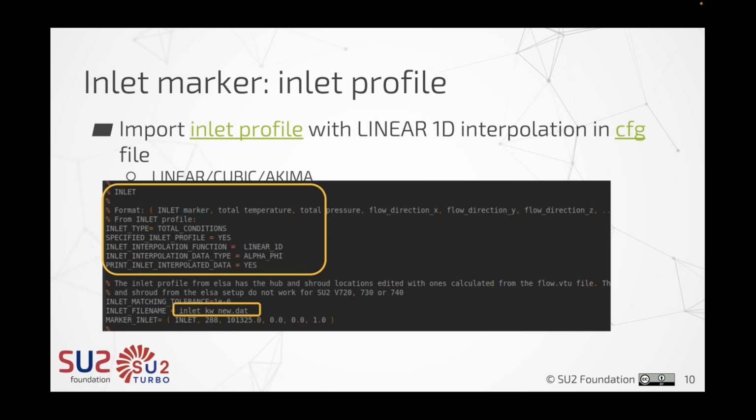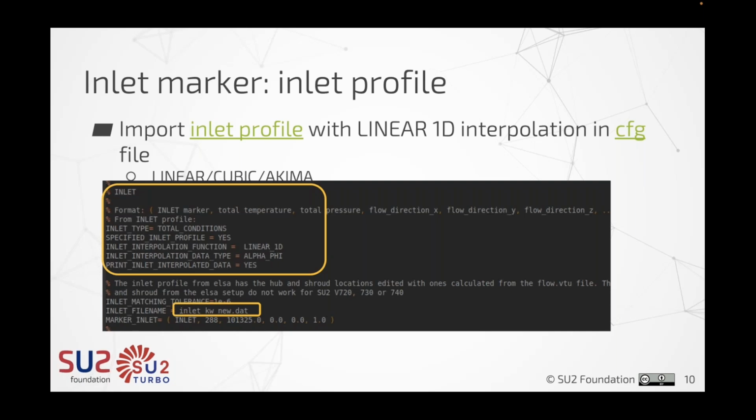And here's the file name that you would import. And then when you run SU2, it'll tell you what file it has imported and what type of interpolation that you've asked for, and if the interpolation has been successful within the requisite degree of tolerance.